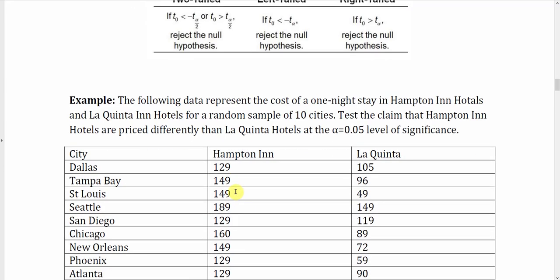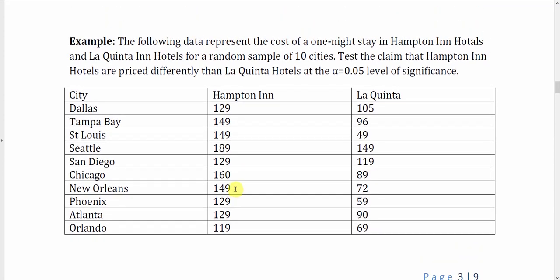Okay, so let's consider this example. The following data represent the cost of a one-night stay at Hampton hotels and La Quinta hotels for a random sample of 10 cities. You have city 1, 2, 3, 4, 5, up to 10.